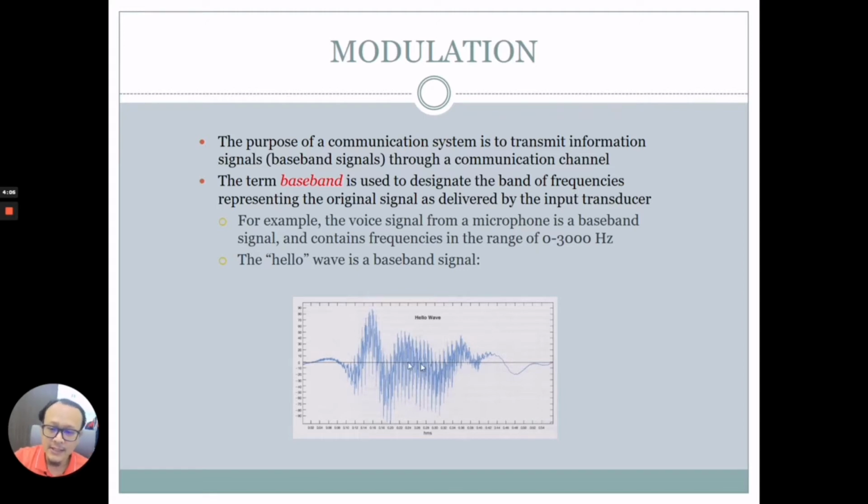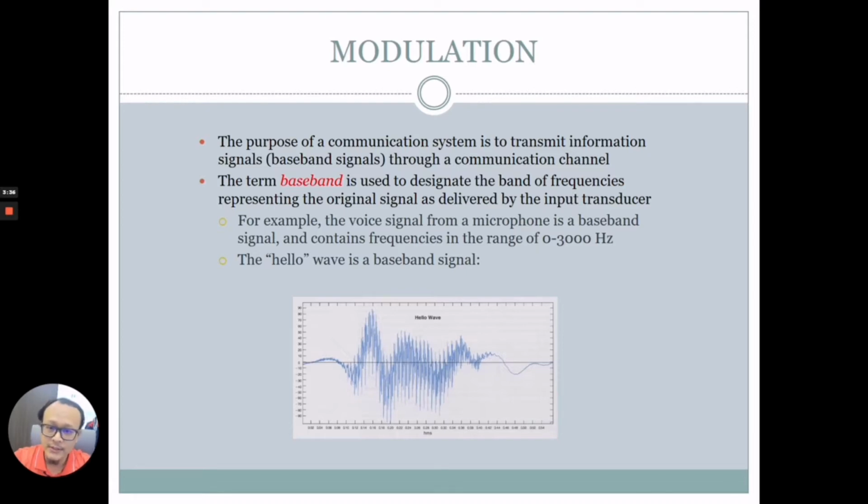If you say hello, the frequency is very low, and we can only transmit or send this signal just a few meters away. The louder you speak, the further it can go. However, if you want to transmit this baseband signal a few hundred kilometers, you have to do the modulation.